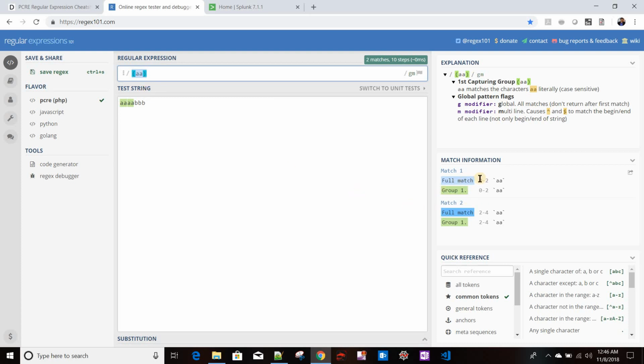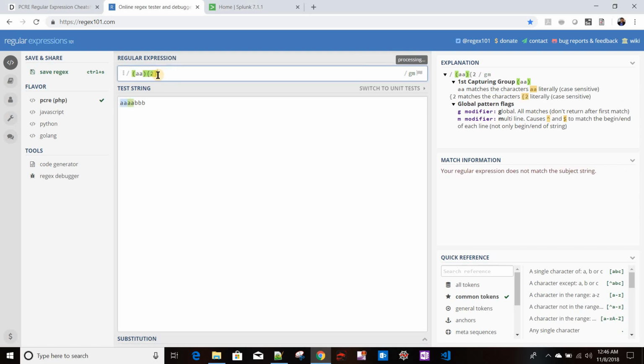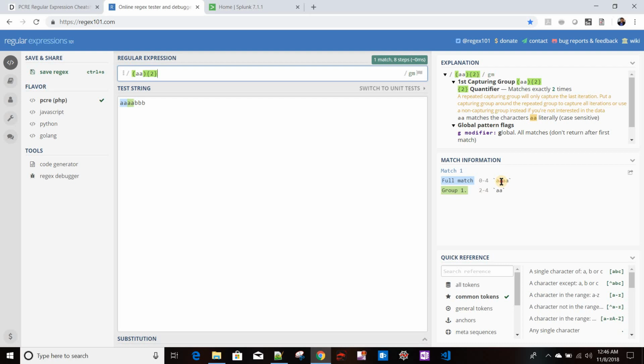The matching is happening with AA, but the group is also AA here. Now if I say AA exactly 2 times, the full match is AA, but the group is still AA because AA is acting as a unit.